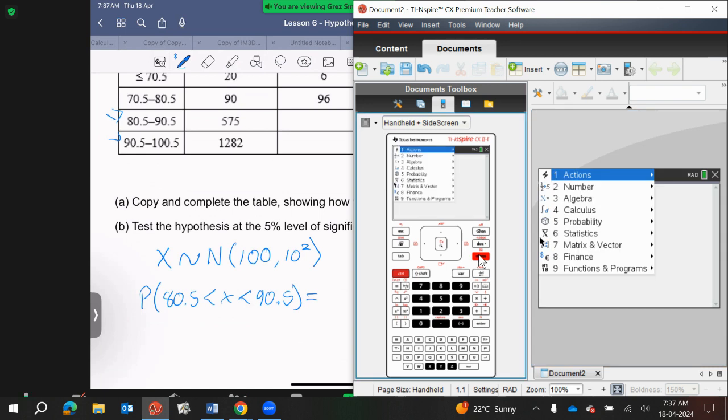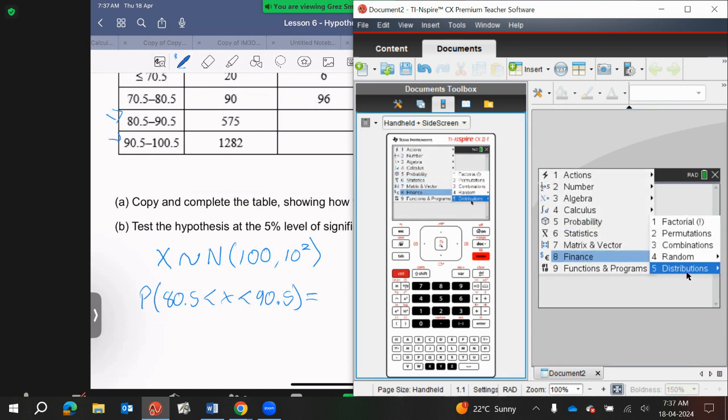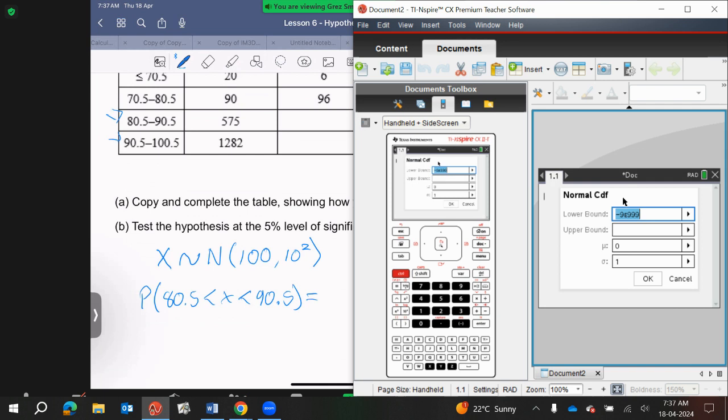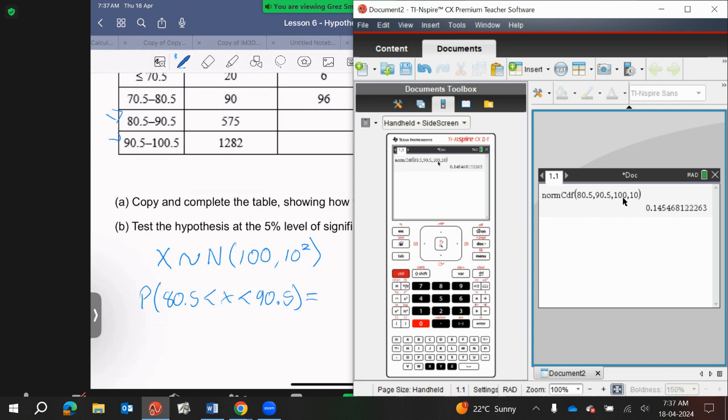So we need menu, probability, distributions, normal distribution. We're going to go from 80.5 to 90.5 with a mean of 100 and a standard deviation of 10. This gives us approximately 0.145.